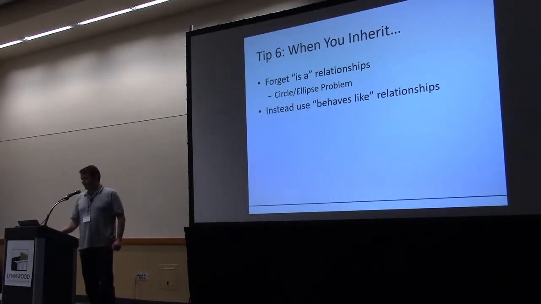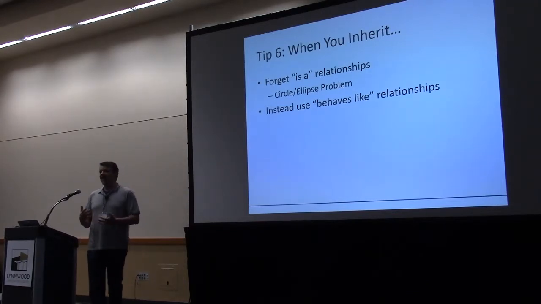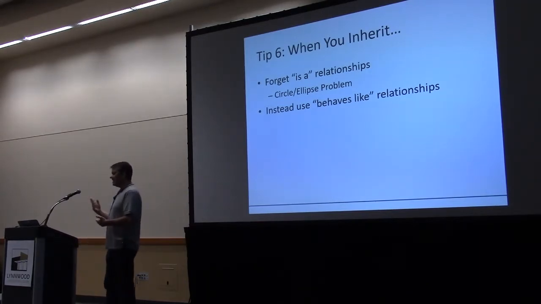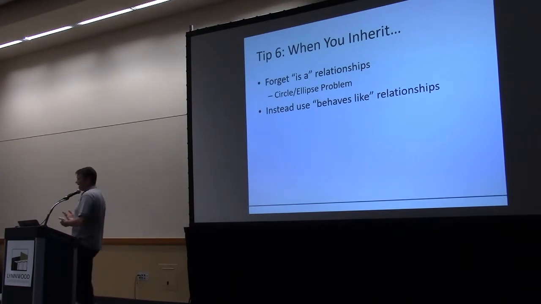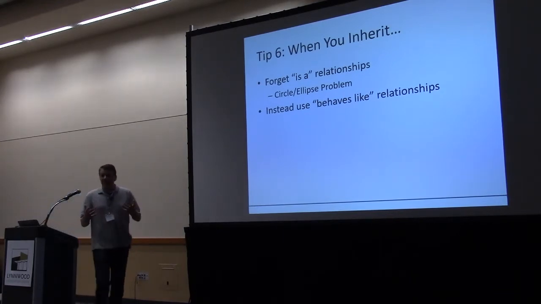Tip number 6. Again, when you inherit, forget the "is a" relationships. Instead, use "behaves like". If something behaves like something else, it's a good candidate for inheritance. What does it mean to behave like something? Well, as in the example of the circle and the ellipse, an ellipse has certain behaviors.